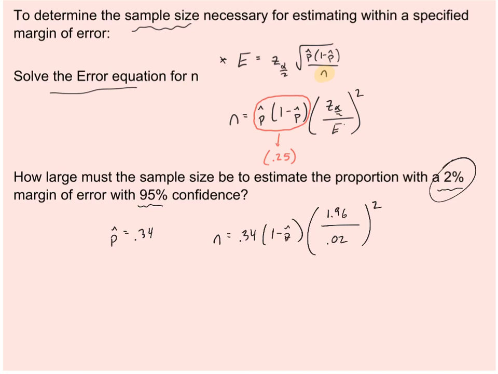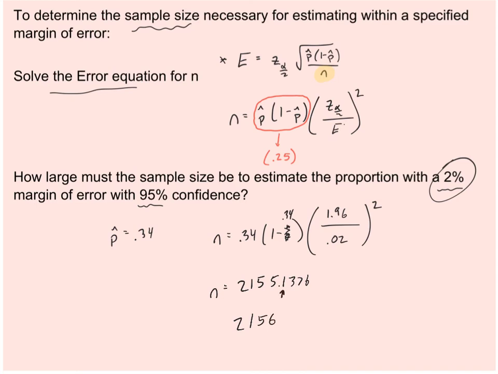I wrote p hat there, but it should be 0.34. Then if you type all that into your calculator, you get 2155.1376. Okay? And we're going to round that to 2,156.